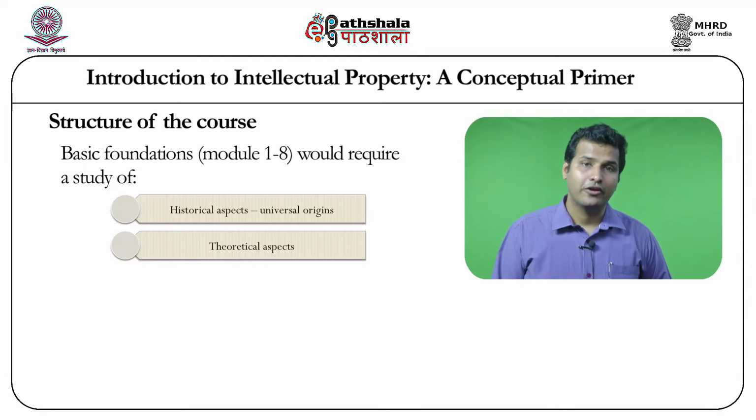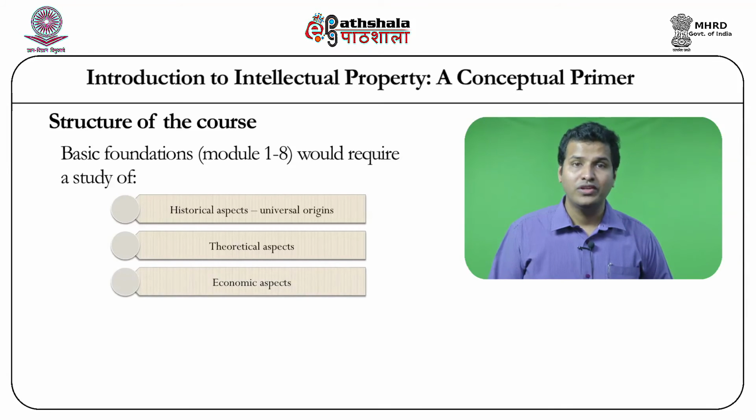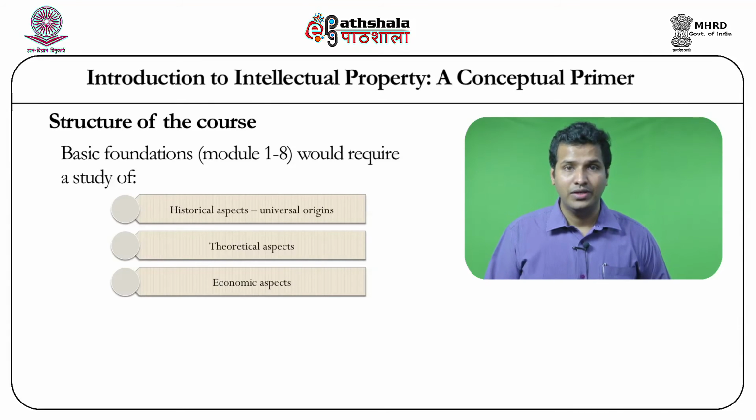We will also look into economic aspects as to what is this market failure in inventions, why intellectual property is a system that is often talked about as creating some kind of efficiency, also some kind of dynamic efficiency, because it provides incentives to innovation, although the price that the society has to pay is the loss of price competition.